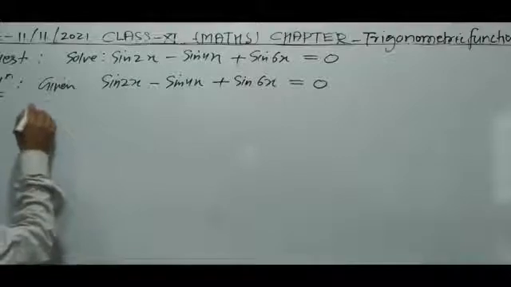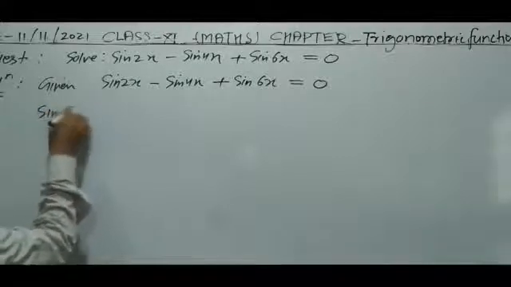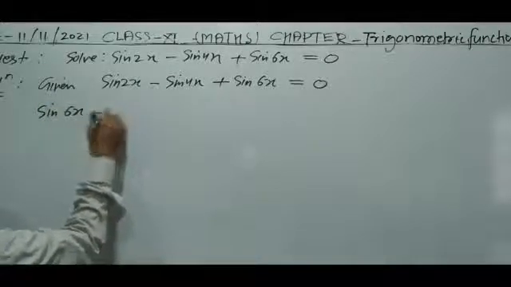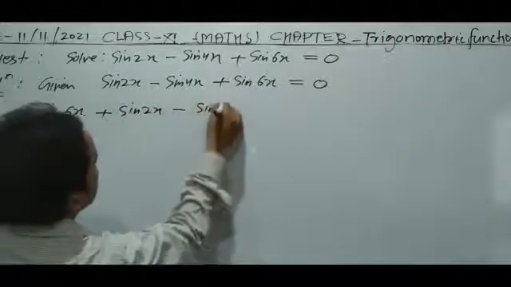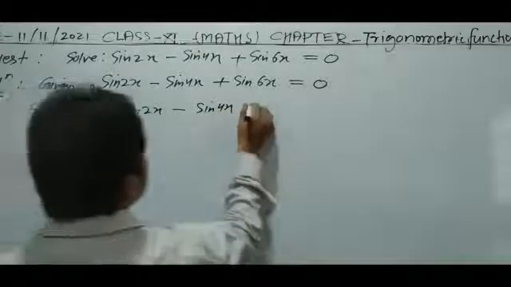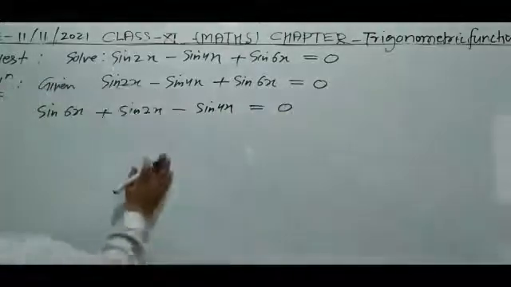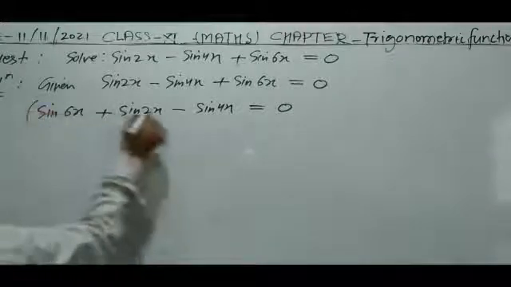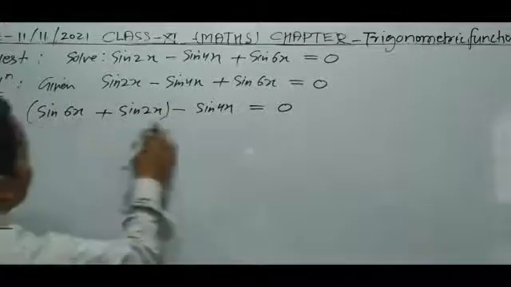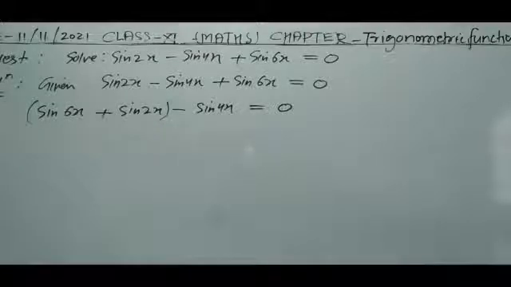So this term we can write sin 6x plus sin 2x minus sin 4x is equal to 0. And now here we can use the formula of sin C plus sin D. So what is the formula of sin C plus sin D?